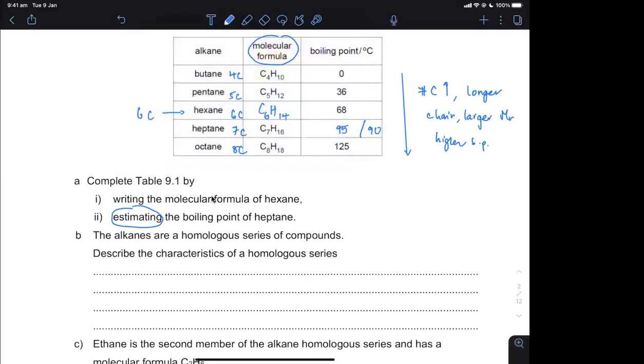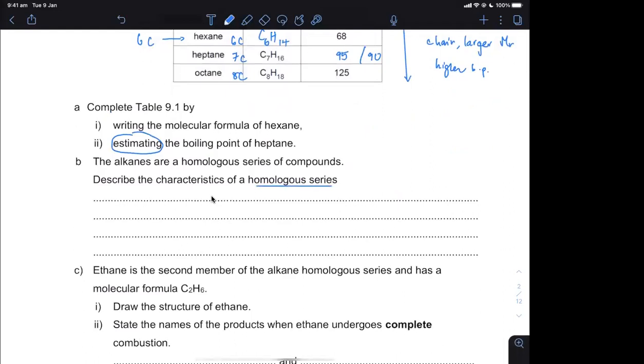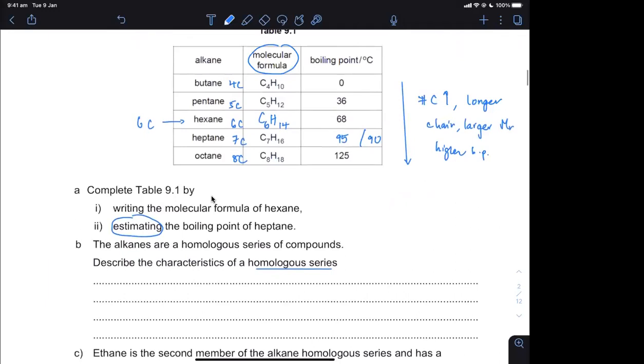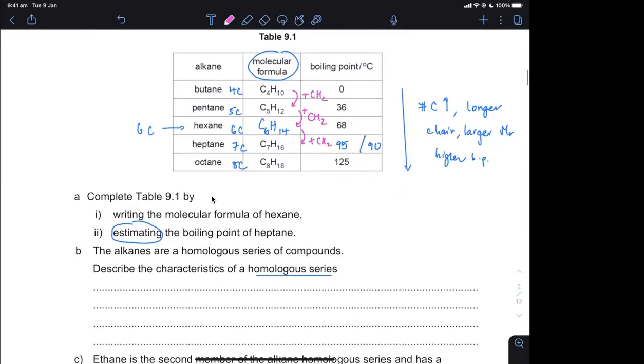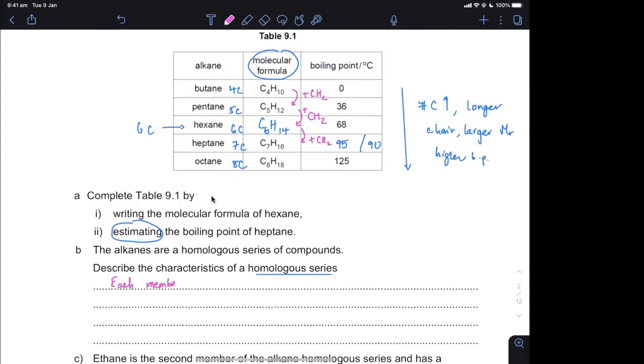On to part B, characteristics of a homologous series. As you know, if you look at this, this is a homologous series. Look at the trend, going from here to here, you add in a CH2; going from there to there, you add 1 carbon and 2 hydrogen. So each member in the series increases by CH2. You have it in your notes anyway. What else?